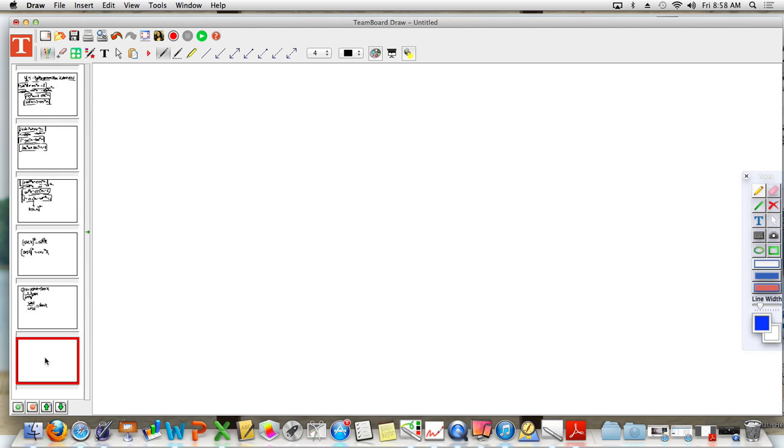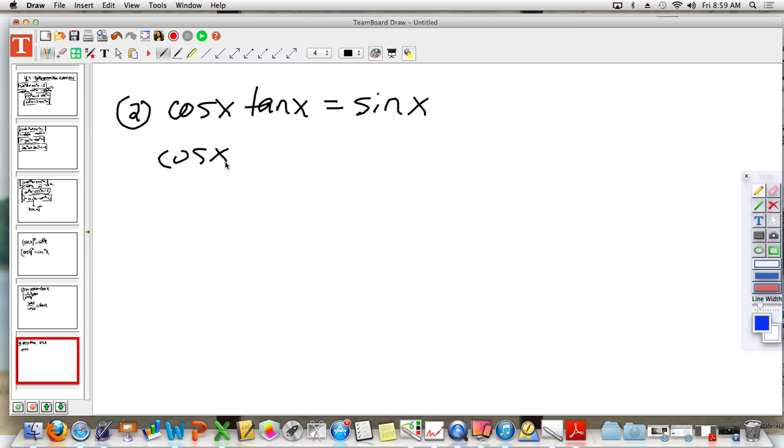Let's try another one. Let's go to number 2. Number 2 says the cosine of x times the tangent of x, and we have to try to make this the sine of x. Cosine of x, I'm going to keep it the same. Tangent. What can I do to tangent? What does tangent mean?